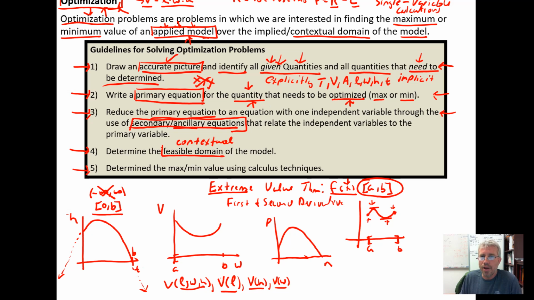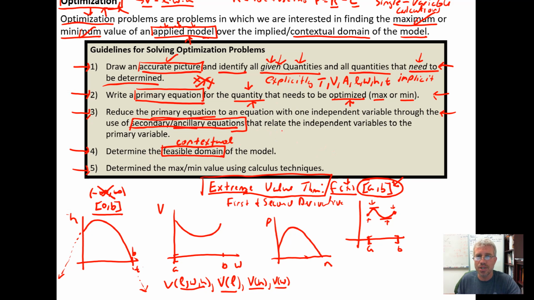So you identify that feasible domain where, for the story problem that I'm working with, where does my model actually live on the input or horizontal axis? And we want to find that closed domain so that we can use the extreme value theorem to guarantee for us that there's going to be a maximum or minimum value over that closed domain.